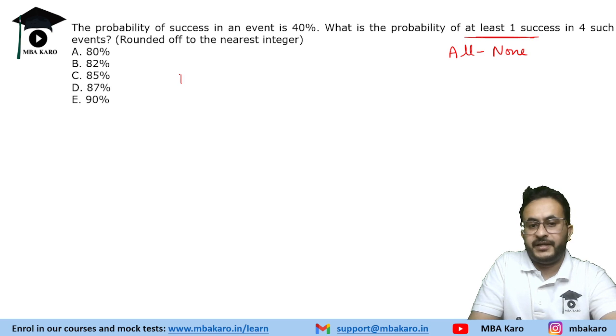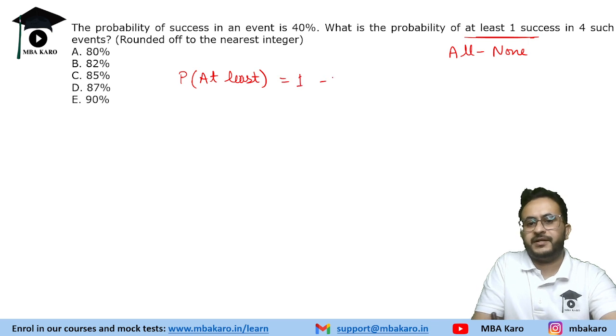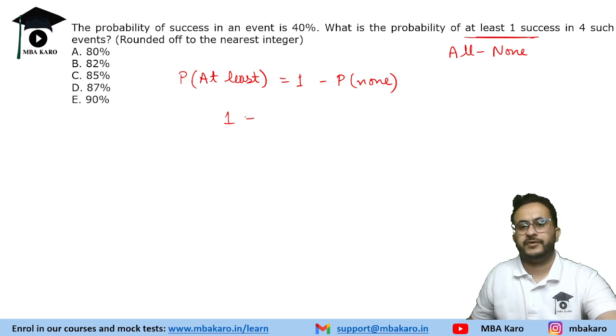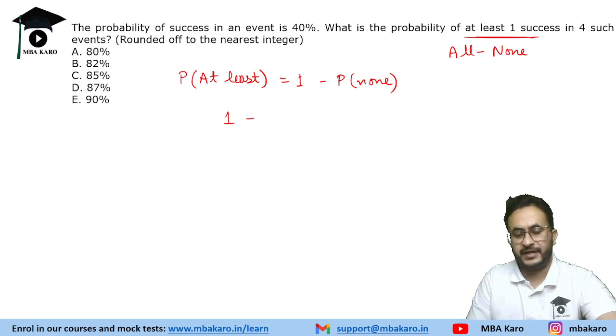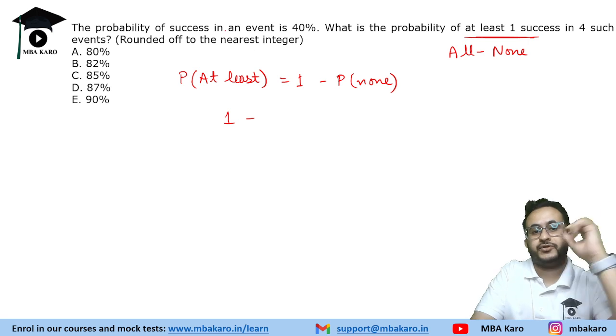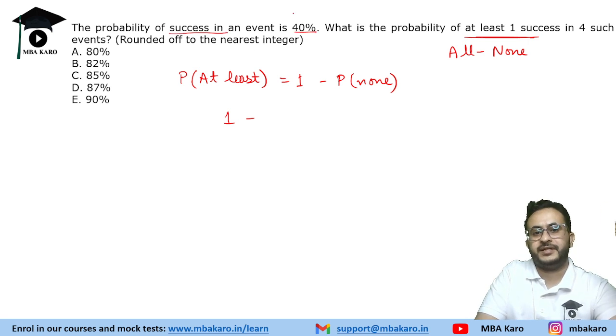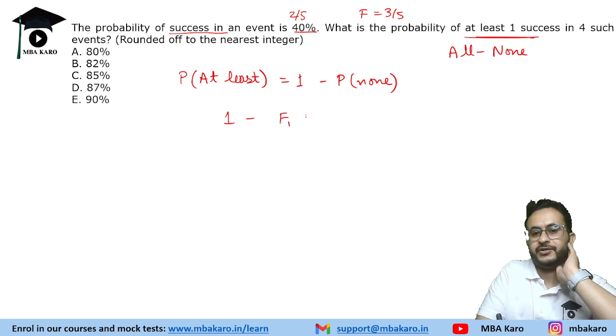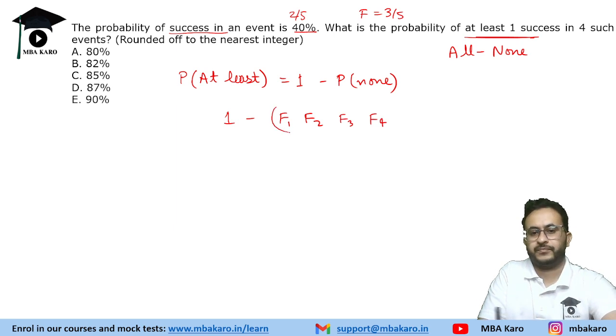In case of probability, at least one: all probability is 1, so 1 minus probability of none. Now none means no success, right? So when you take the first one, success is 40%, that is 2 by 5. So failure will be 3 by 5. That means you fail in the first attempt, you fail in the second attempt, you fail in the third attempt, you fail in the fourth attempt also.